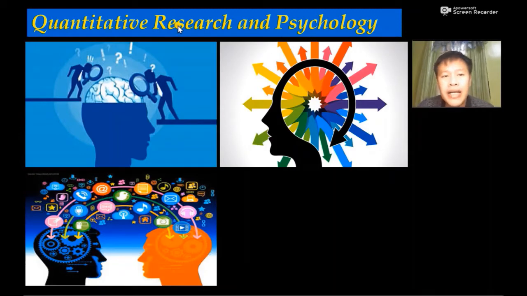That's how important quantitative research is in dealing with the mental and social problems of a person, particularly the students, the children. So you can conduct a study regarding the mental and social problems of your classmates, of the students, of the elementary pupils, and that is a part of quantitative research and specifically psychology.